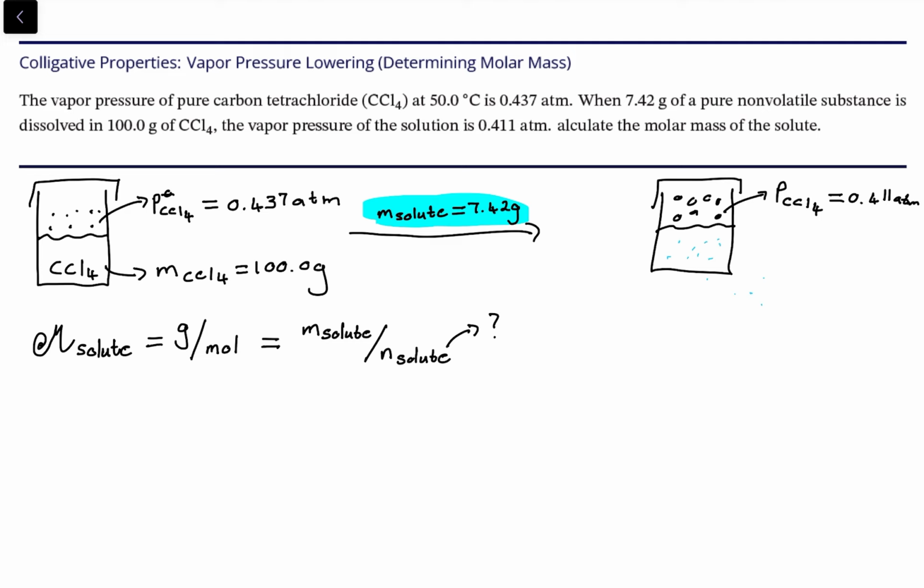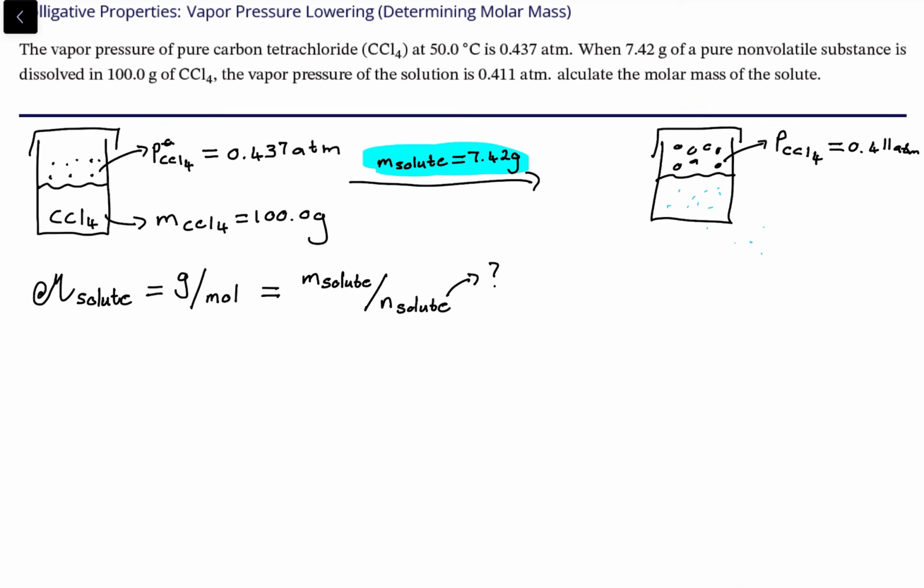Well, hopefully you've deduced from the question, vapor pressure lowering has to do with Raoult's law. And Raoult's law gives us a way to determine the number of mole of the solute. But we have to think first what Raoult's law gives us. Raoult's law says the vapor pressure of the solvent over the solution is equal to the mole fraction of the solvent multiplied by the vapor pressure of the pure solvent.